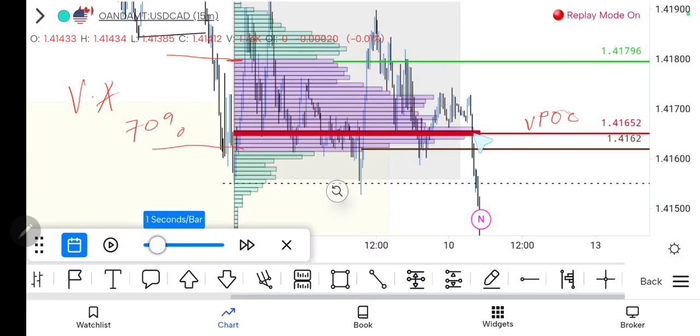So when I see my VPOC, I have my VPOC here, and then above it I have an order block. So I'll consider this level for my next trade. But to be on a safer side, I enter from the price level displayed on my VPOC, which is 1.41652.